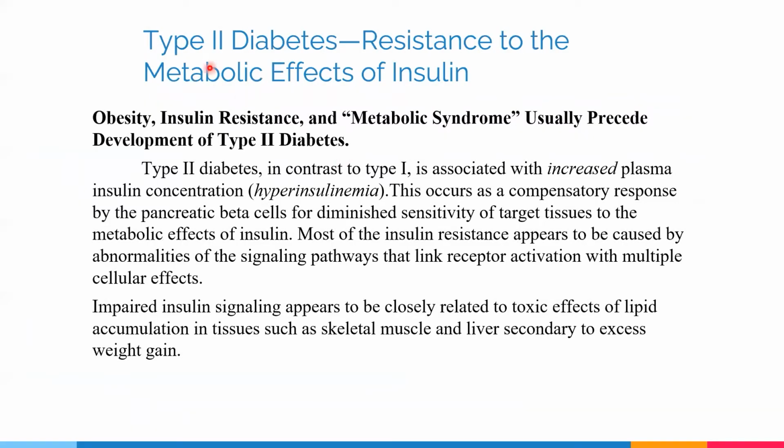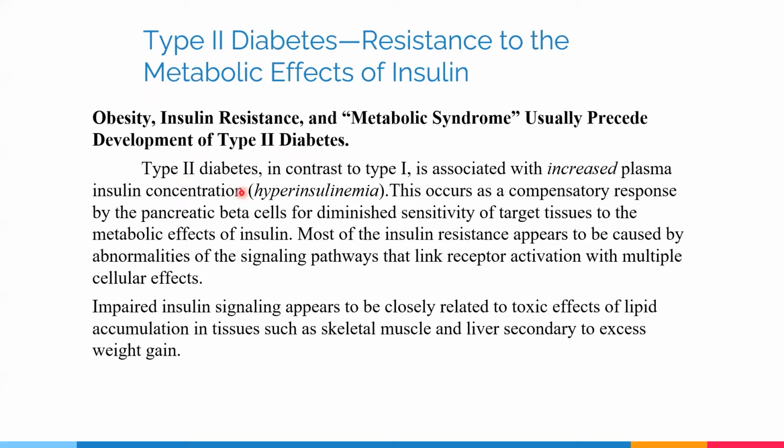Next, let us look into type 2 diabetes, which is caused by resistance to metabolic effects of insulin. Obesity, insulin resistance, and metabolic syndrome usually precede development of type 2 diabetes.